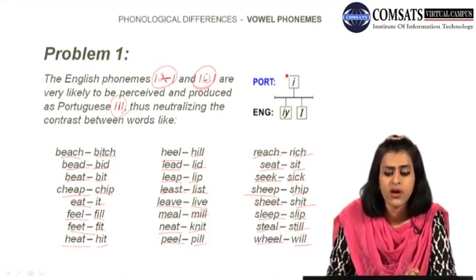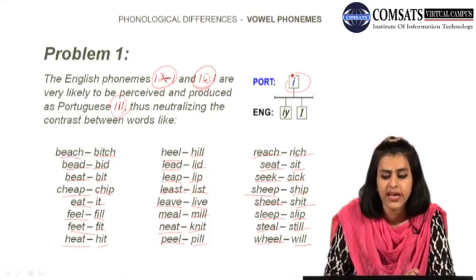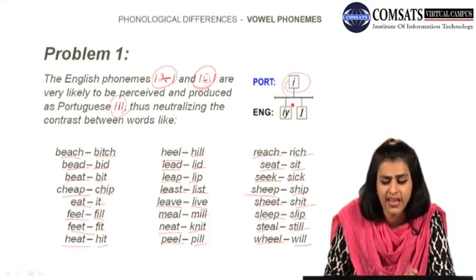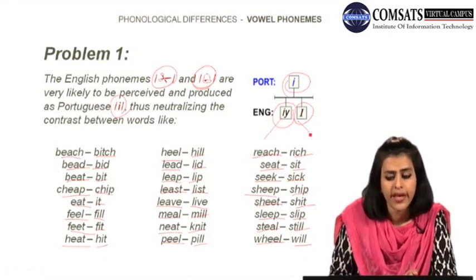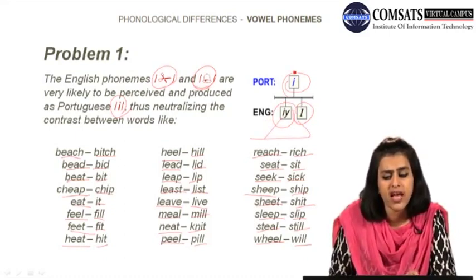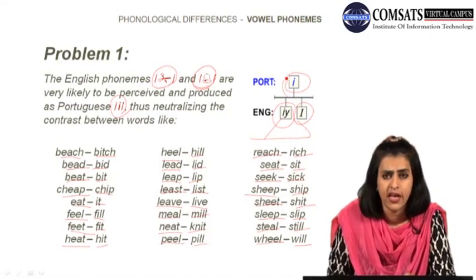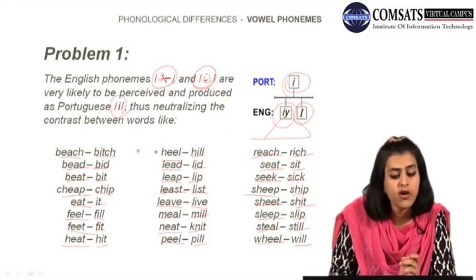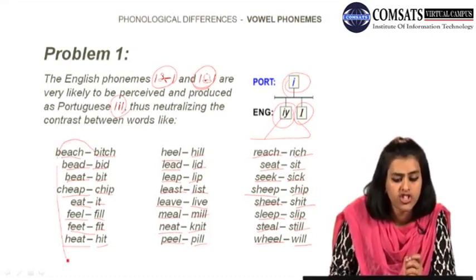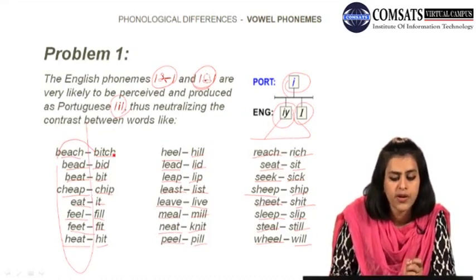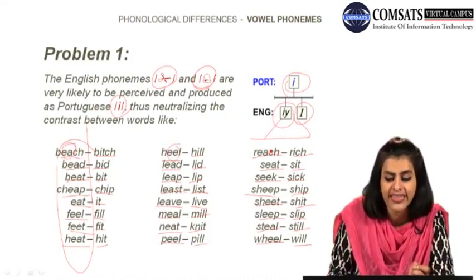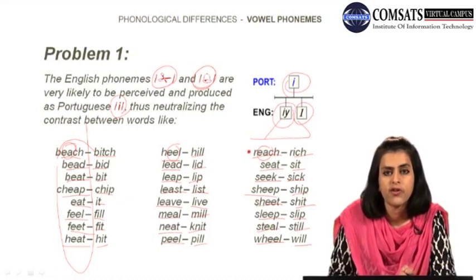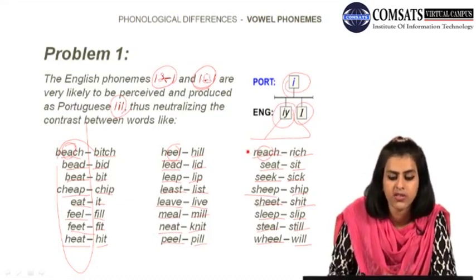So the E sound in Portuguese is pronounced as E or A. So these two sounds in English can be pronounced as E in the Portuguese language. The meaning of the word would automatically change once they pronounce both sounds as the same sound.